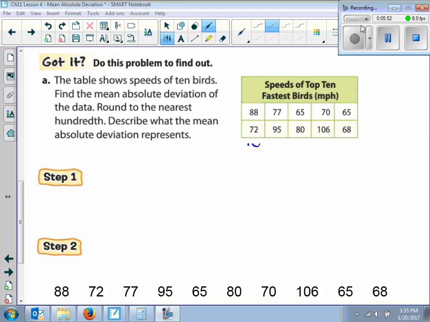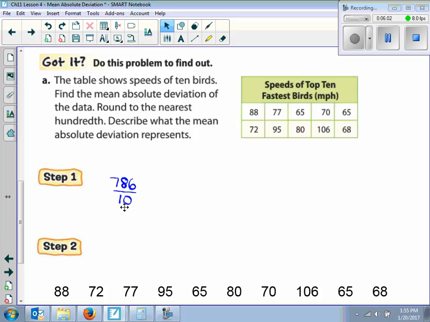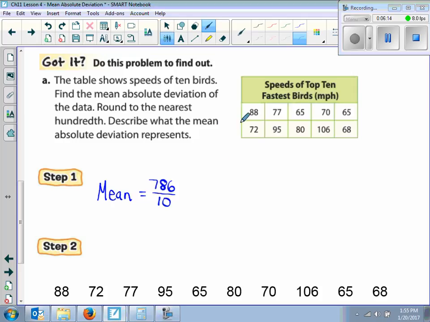So the first thing we want to do, step one, is find the mean of the data, right? I've already added these up for you, and there are 10 of them. So we have 786 divided by 10 data items, and that's going to give me what? 78.6.